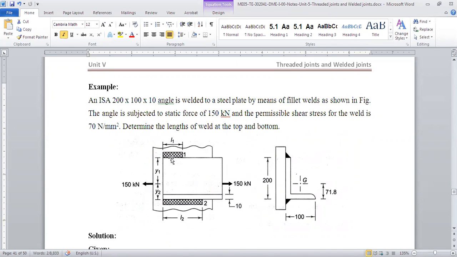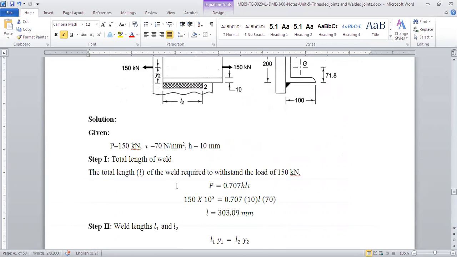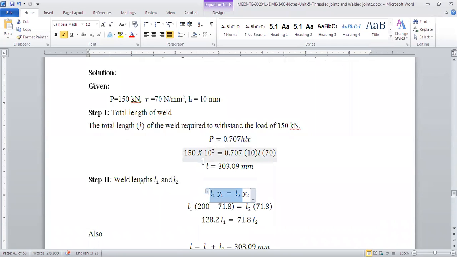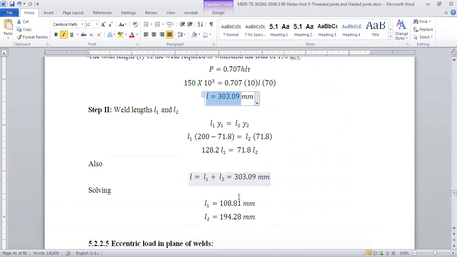The moment because of area 1 should be equal to the moment because of area 2 at the center of gravity. So P at area 1 multiplied by the distance of area 1 from CG is equal to P at area 2 multiplied by the distance of area 2 from CG.